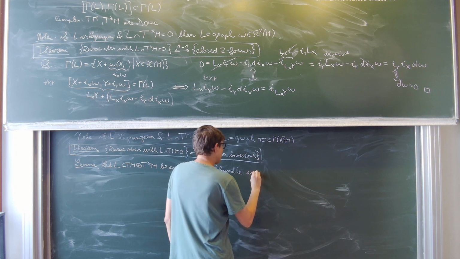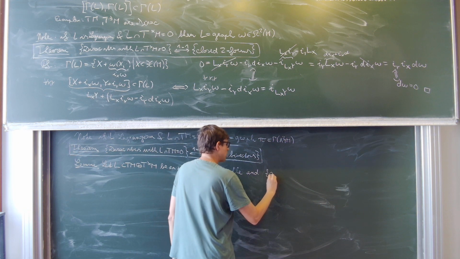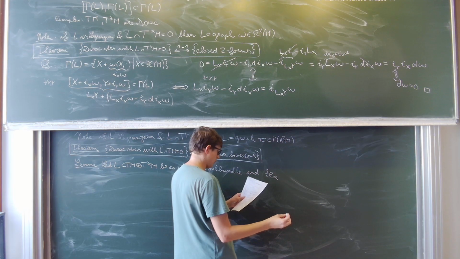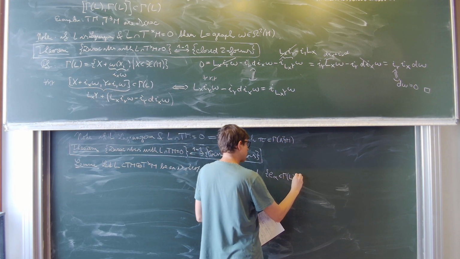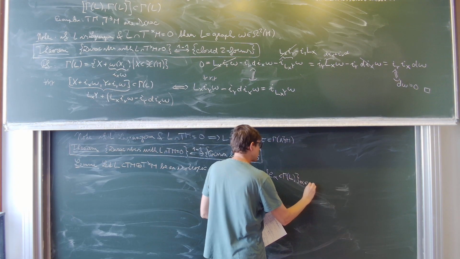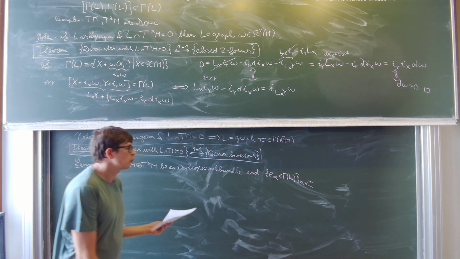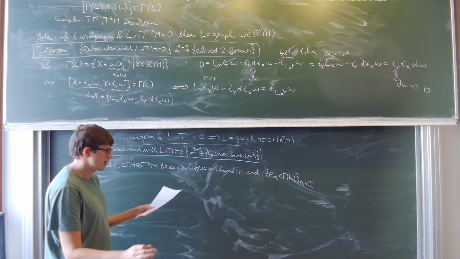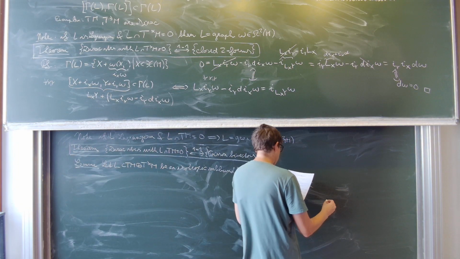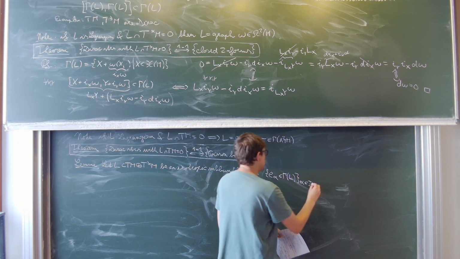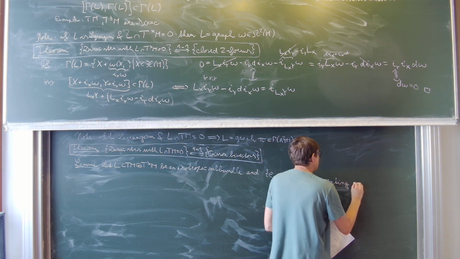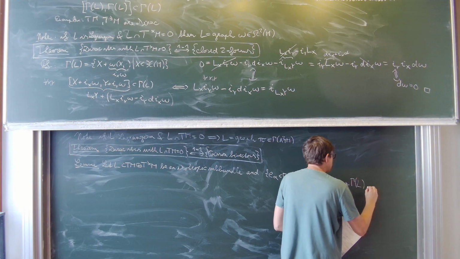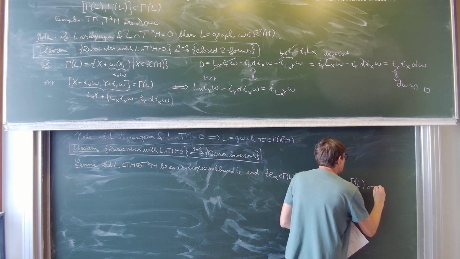And let's say that we have some set of sections, E alpha, global sections of this guy, for some set. I don't want it to be a frame or anything, just a set of these things, generating all sections over smooth functions.